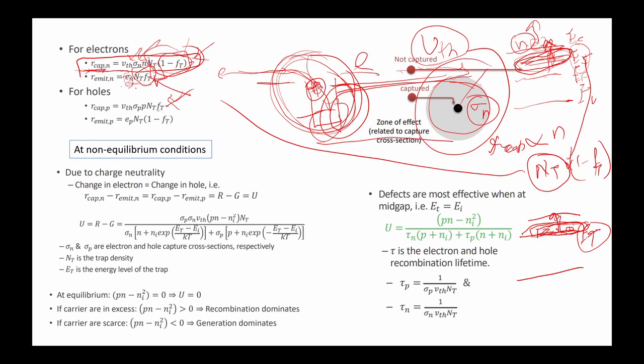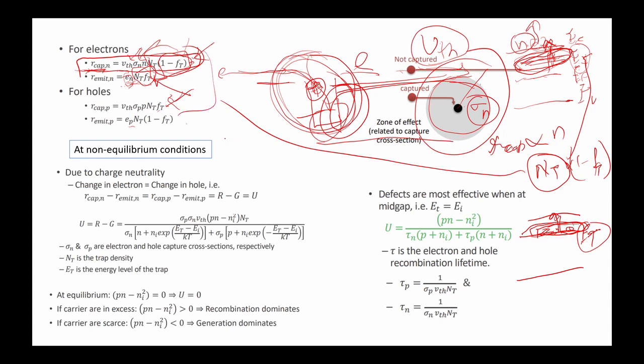So from there we can calculate the relationship between En and Ep. That is not a part of this course, so we are not calculating that. We are just trying to make it as simple as possible. So at equilibrium conditions we can find that.